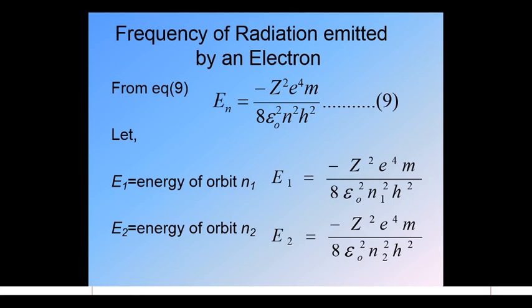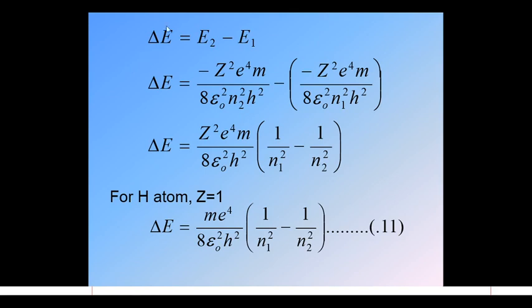We already have the equation of energy with us, and you can substitute n as 1 and find E1, and n as 2 and find the expression for E2. Now what is delta E? That is the difference in energy, so you can calculate it as E2 minus E1. Isn't it?